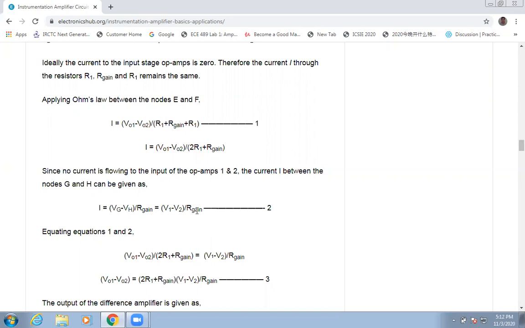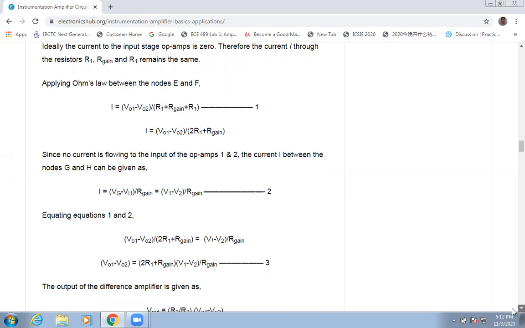As the current is the same in the input and output stage, equating equations 1 and 2, we obtain V01 minus V02 is equal to twice R1 plus R gain into V1 minus V2 divided by R gain.